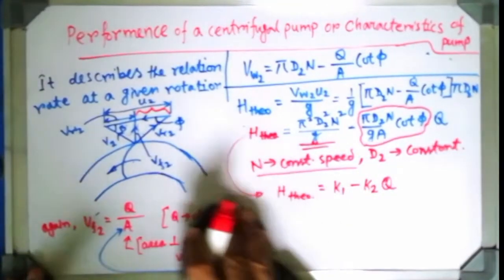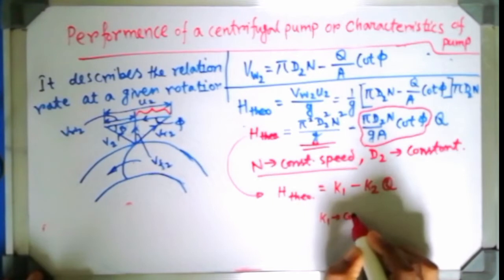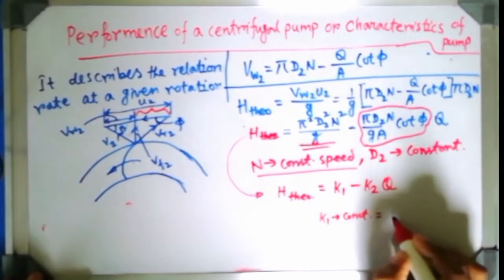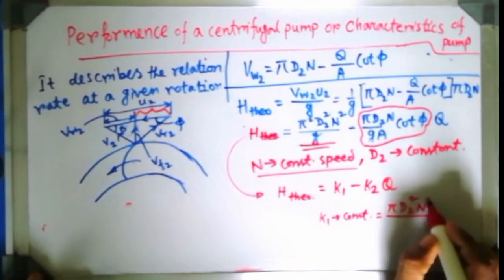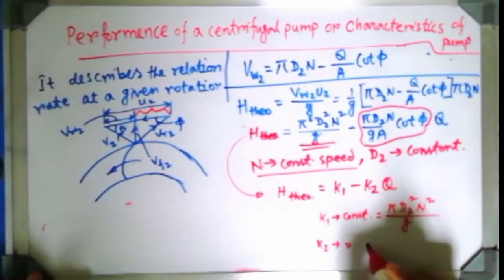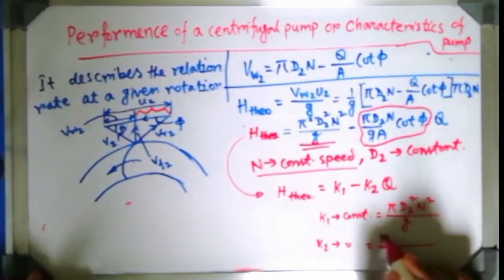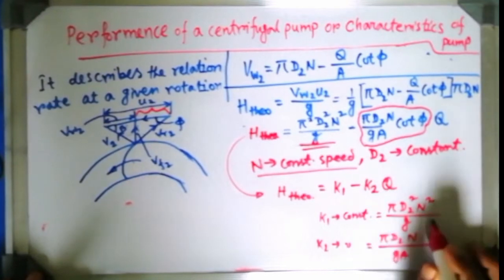So what is K1 here? K1 is nothing but one constant, and it is pi d2 square n square by g. And what is K2? It is also a constant, and it is nothing but pi d2n by ga of cot phi.